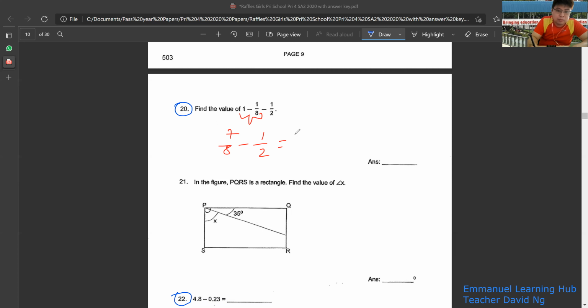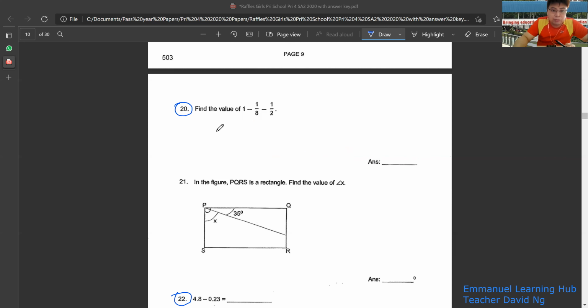Nope, 7 over 8 minus 4 over 8. Half needs to change to 4 over 8. Then this answer is 3 over 8. Okay, the answer is 3 over 8. Okay, get it?